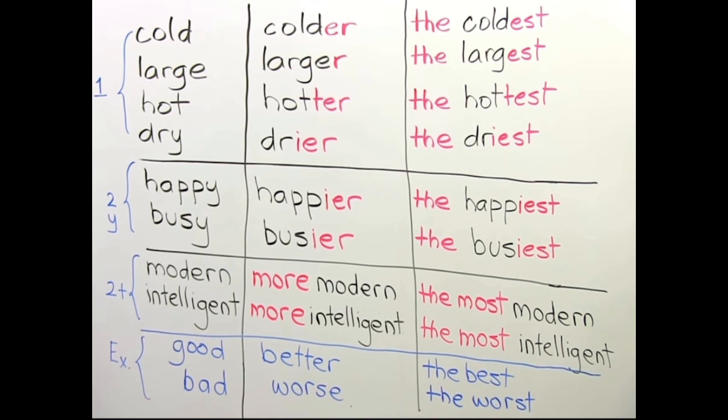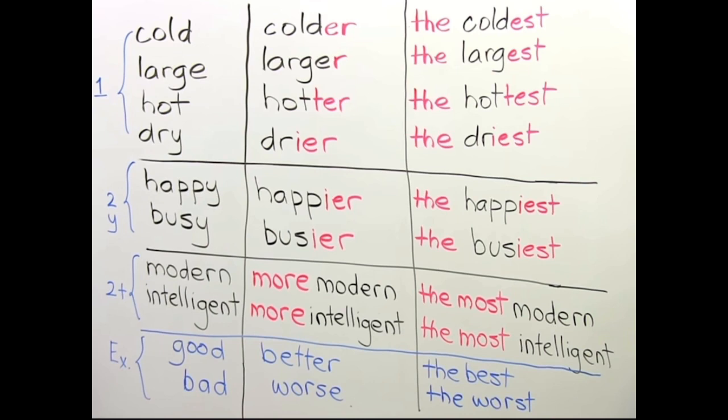All right? Now, let's just look at and understand the basic principles. So, one syllable short words are just like that. Cold, colder, the coldest. Large, larger, the largest.